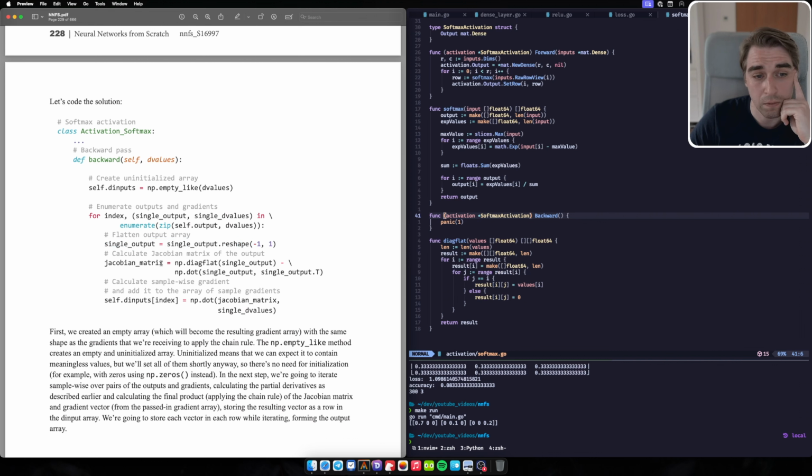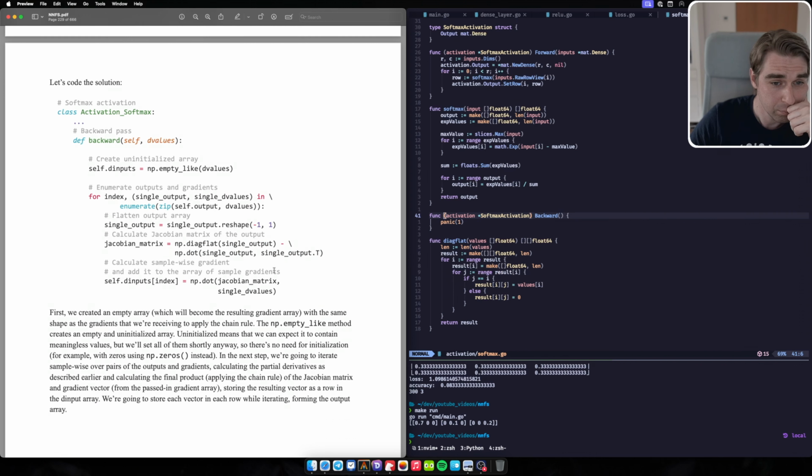We calculate the Jacobian matrix, which should again be a two-dimensional one, and then using the dot product, that returns a vector, right? Calculate the sample-wise gradient and add it to the array of sample gradients.